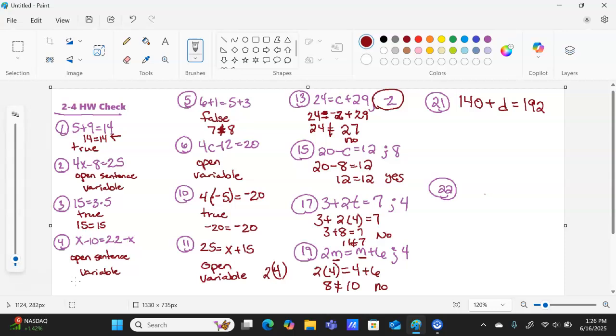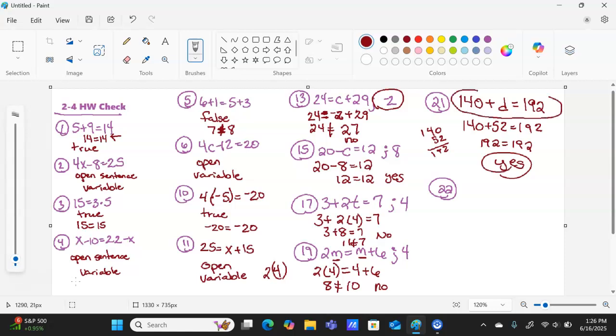So does the dog weigh 52 pounds? Well, put that in. 140 plus 52 is 192. Yes. So besides this yes, you need this equation because they told you to write an equation.